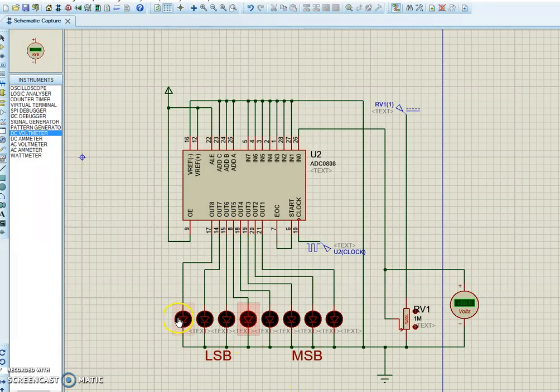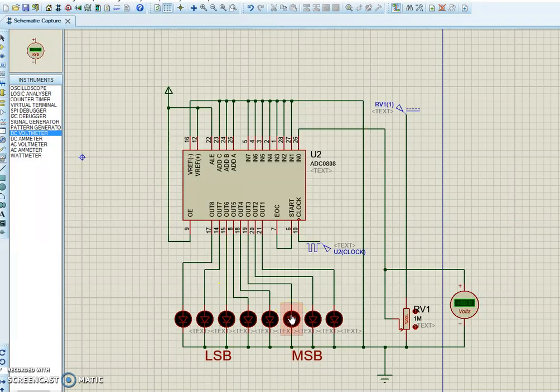I label the output from LSB to MSB, least significant bit to most significant bit. If you look at the labels of LSB and MSB, you will find it is odd, since the outputs are output 1 to output 8, but when I label LSB and MSB, it is inverted.